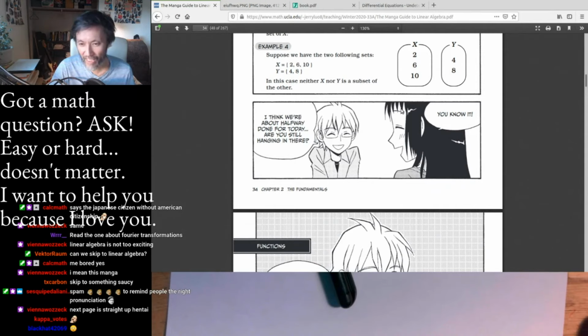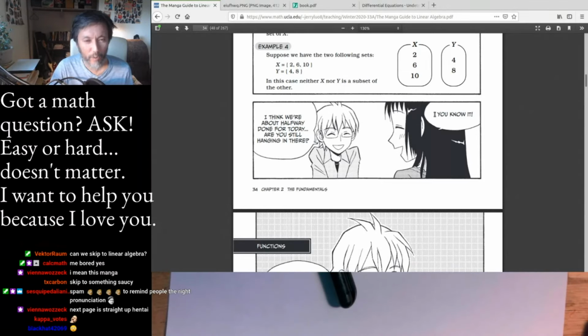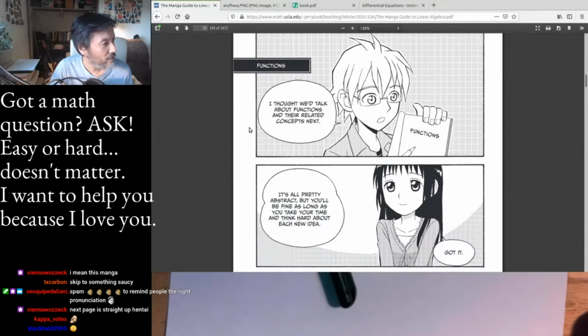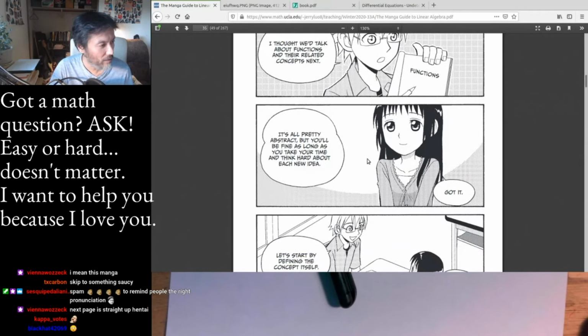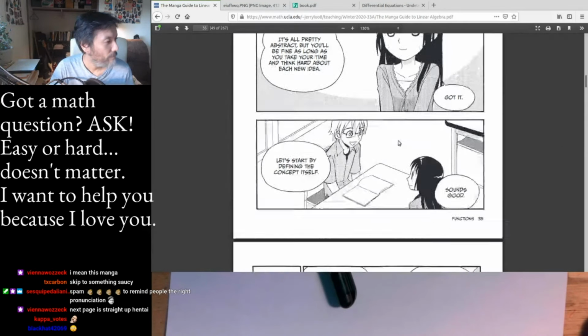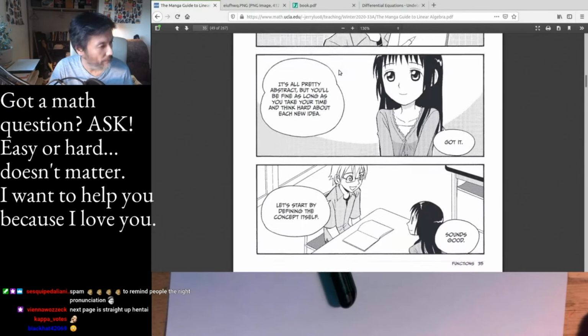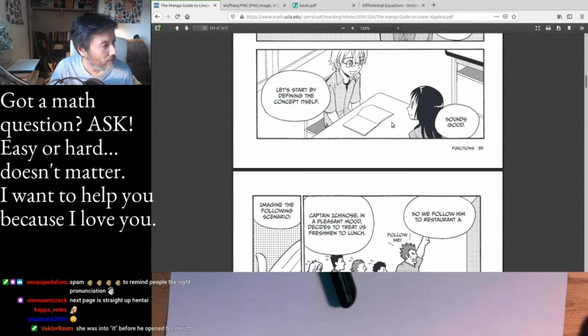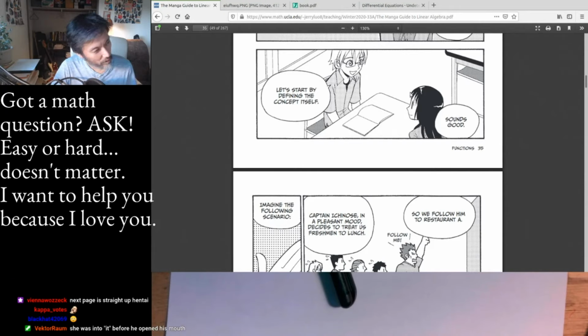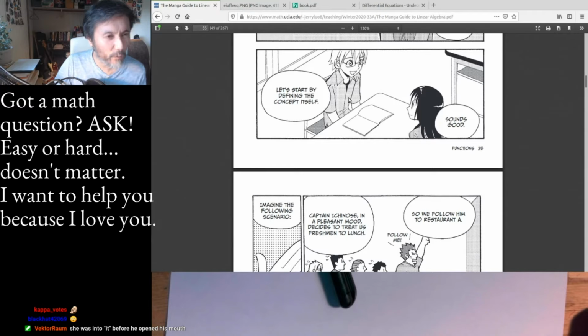I'm not sure what he's saying exactly, but it feels like he's doing a good job right now because she seems to really be into it. Functions. Uh-oh, he looks a little worried. Oh, but she looks okay with it. I think she's gaining more confidence in her tutor. Look at her body language too. It's a little bit more forward facing. She was into it.